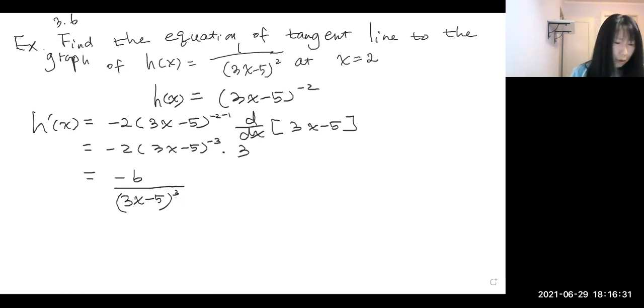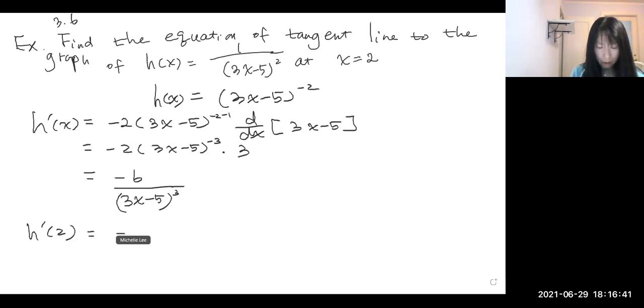Okay, then when x equal to 2, so h prime of 2, can you please calculate this one? 3 times 2 minus 5 to the third power.